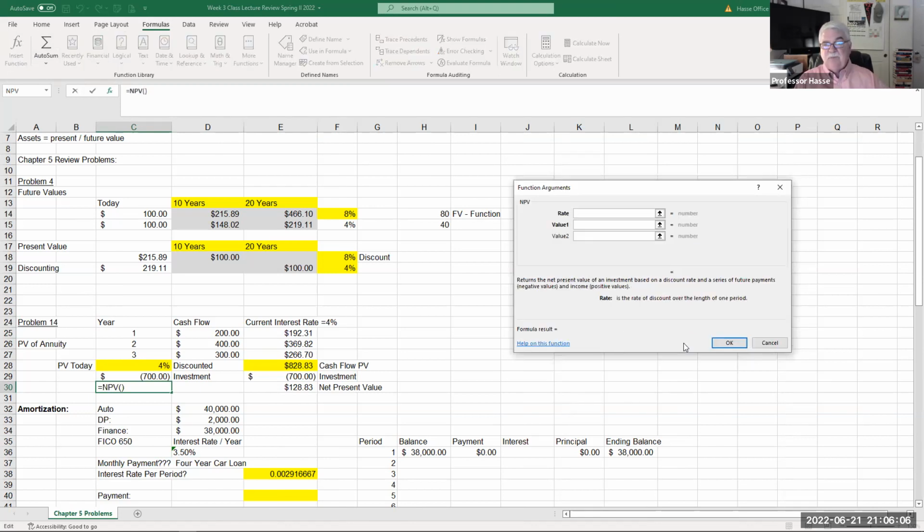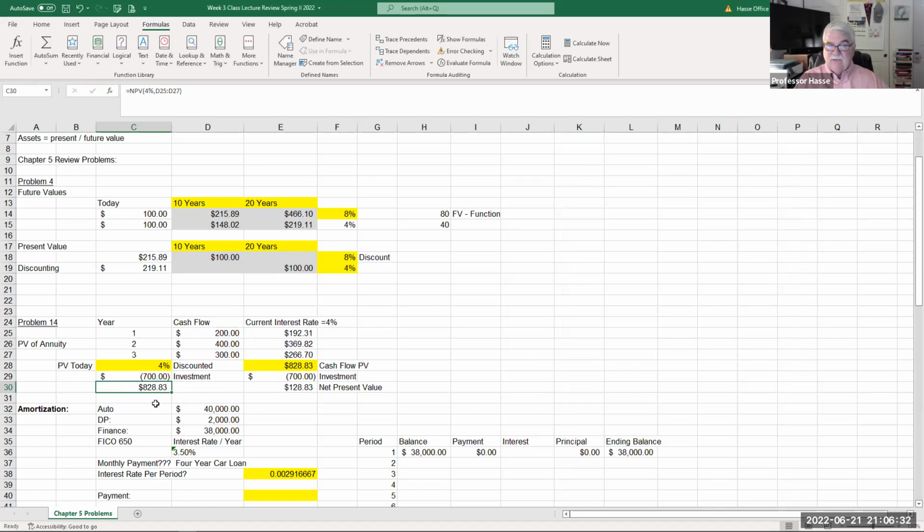This allows me to put in all the years at once if the discount rate stays the same. So that's 4%. And then the value here would be the 3 years. So I just go to my 3 years, 1, 2, 3, and just paint it, D25 to D27. So now it's telling it to do that calculation that we did year by year in one function. I hit OK, and look what I get, $828.83, the same amount.